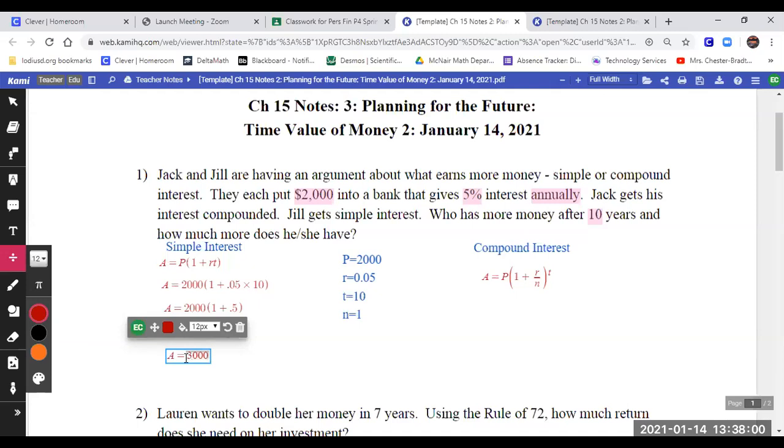It doesn't let you put the dollar sign because the equation writer, just like in the test, doesn't read dollar signs. The dollar sign will go in your answer. Okay, we're going to figure out the other one now.